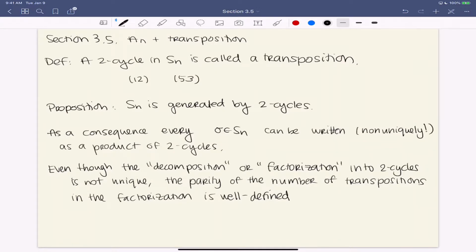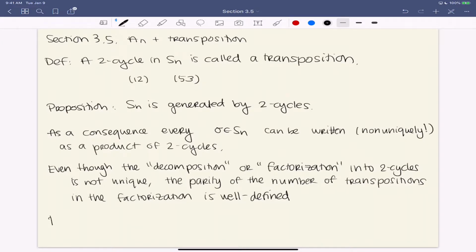So if you can write an element sigma in S_n as a product of 5 transpositions, you might be able to also write it as 3 transpositions or 7 transpositions or 11 transpositions, but you'll never be able to write it as a product of 2, 4, 6, 8 transpositions. The parity of the number of transpositions that you need is well defined and depends only on the element sigma that you're thinking about.